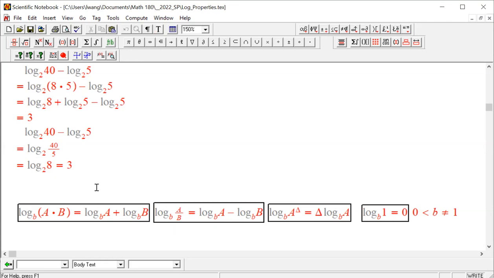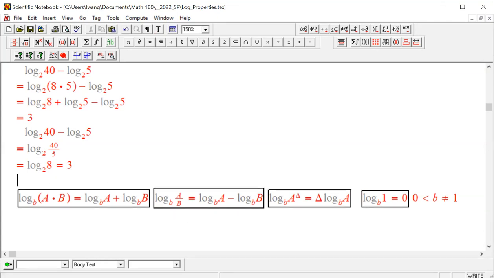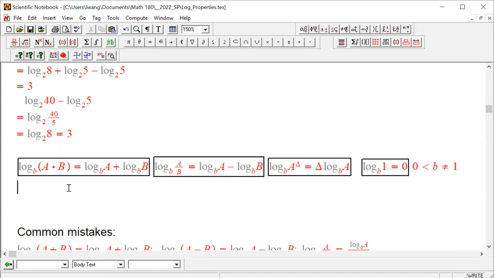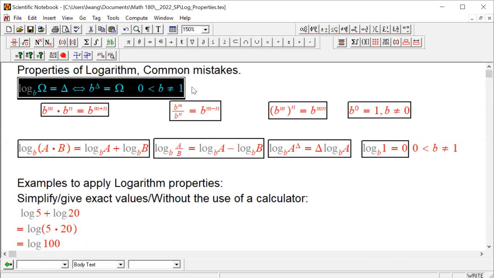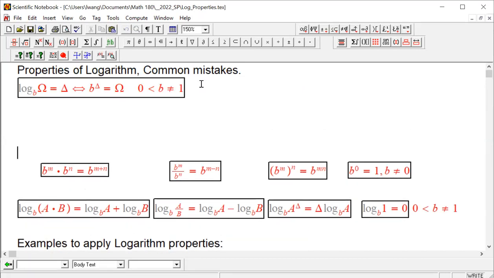In the case, right, we understand this property. Okay, so from definition, we know this definition, right?